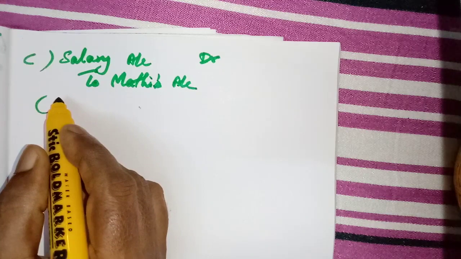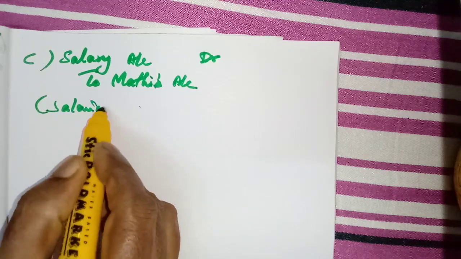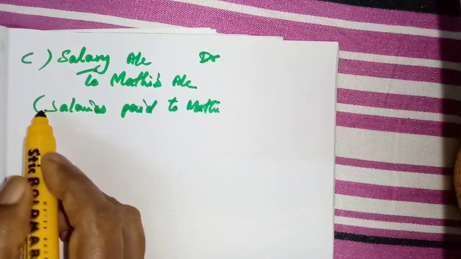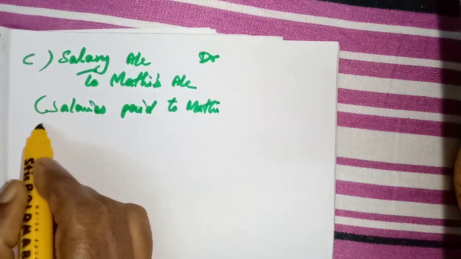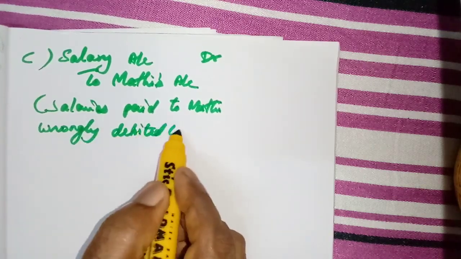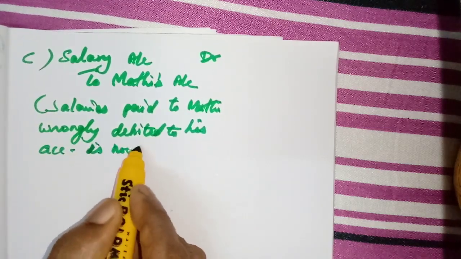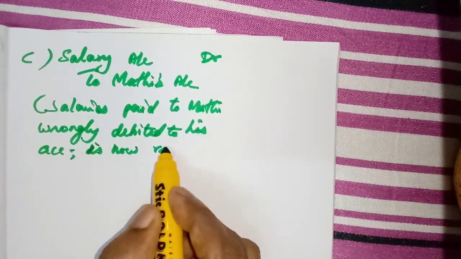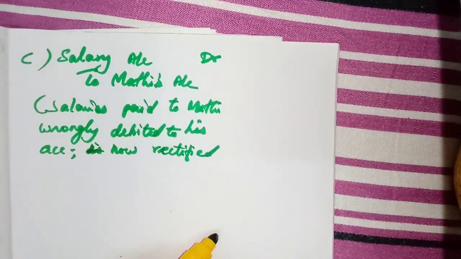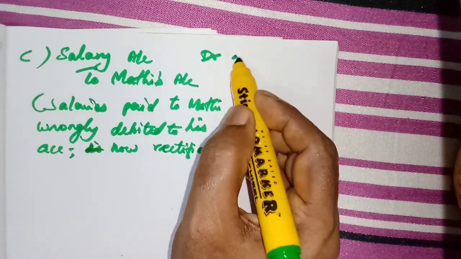Narration: salary paid to Madhi wrongly debited to his account is now rectified. Or you can simply put a comma, now rectified. Amount 500.